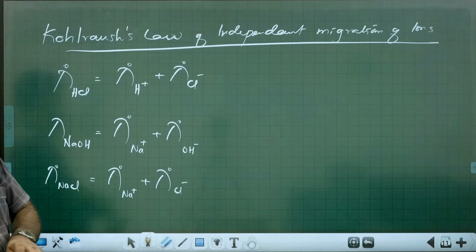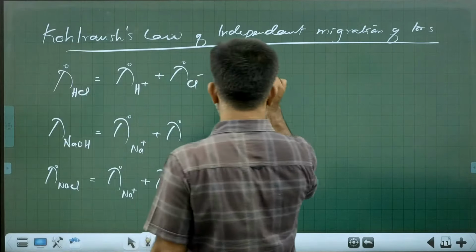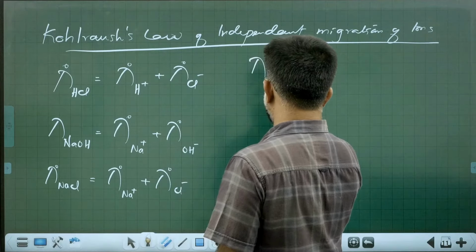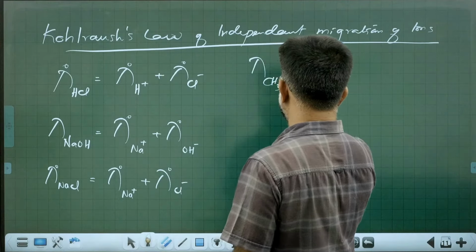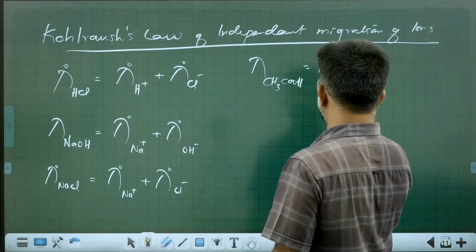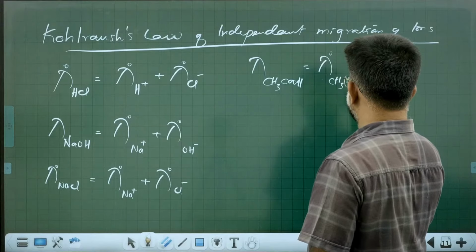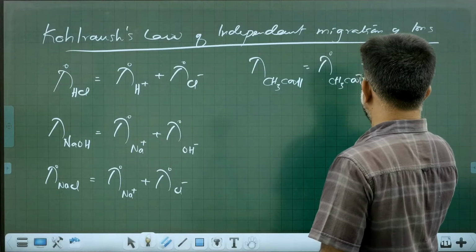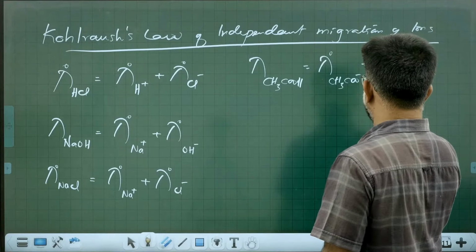Lambda naught for acetic acid is equal to lambda naught for CH3COO minus plus lambda naught for H plus.